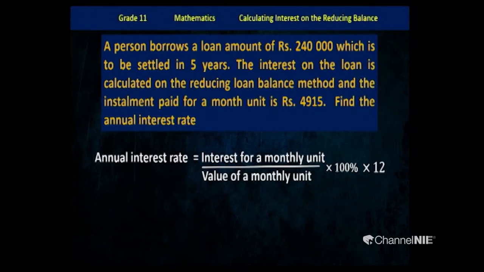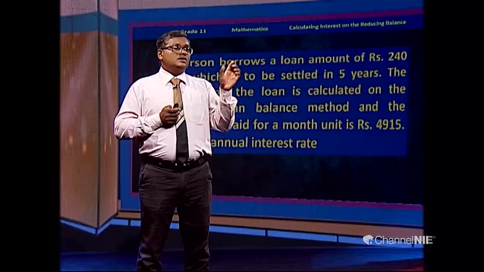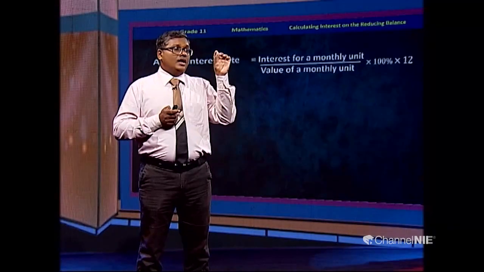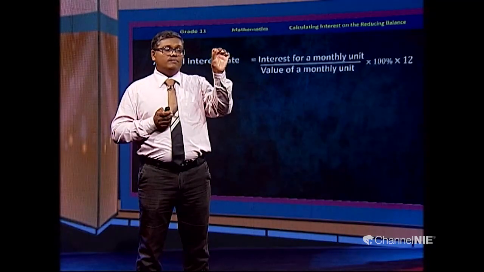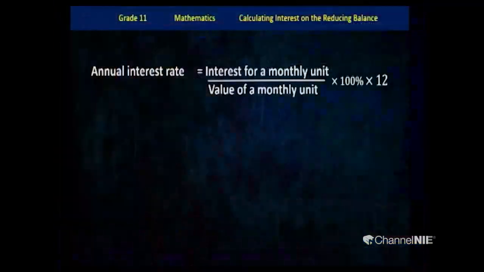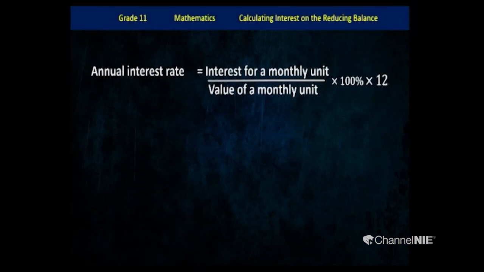Therefore, annual interest rate is interest for a monthly unit upon value of a monthly unit multiplied by 100% multiplied by 12. Now we have to find these values one by one. How to find value of a monthly unit? How to find interest for a monthly unit? After finding those two, you can apply this formula and calculate the annual interest rate.